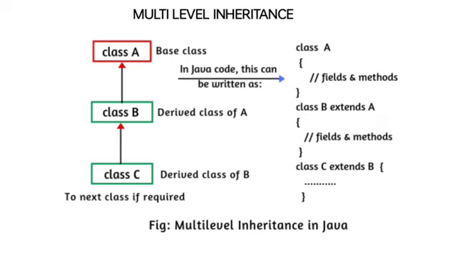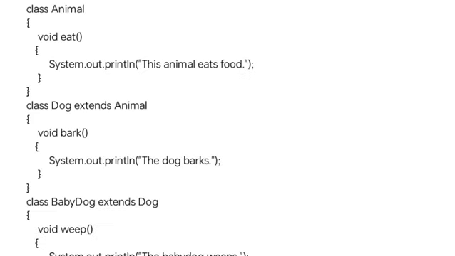The next one is multi-level inheritance. In multi-level inheritance, class B derives the properties of class A and class C derives the properties of class B. Indirectly, class C derives the properties of class A through class B. This is the concept of multi-level inheritance. In this example, animal is a parent class, dog is a derived class that derives the properties of animal, and baby dog is another derived class that derives the properties of the derived class dog.